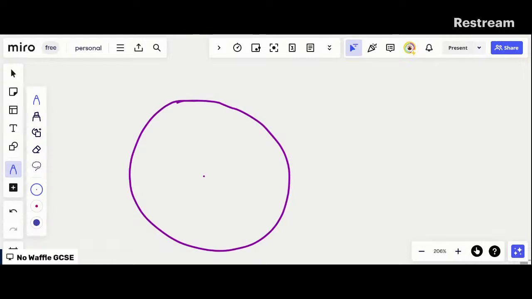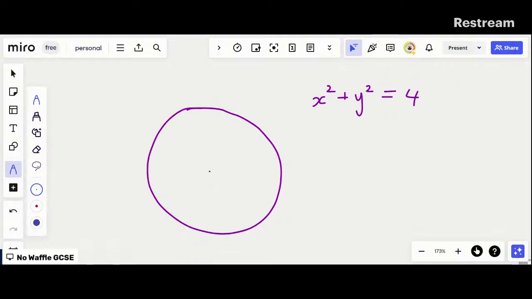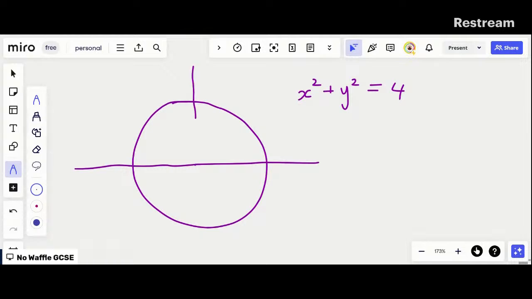Okay, that's our center, and we're told that the equation is x squared plus y squared is equal to 4. So we know that it has the center at the origin. And since we know that the radius squared is 4, we know that the radius is the square root of 4, which is 2.